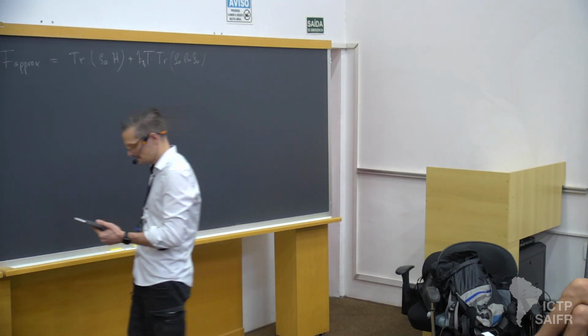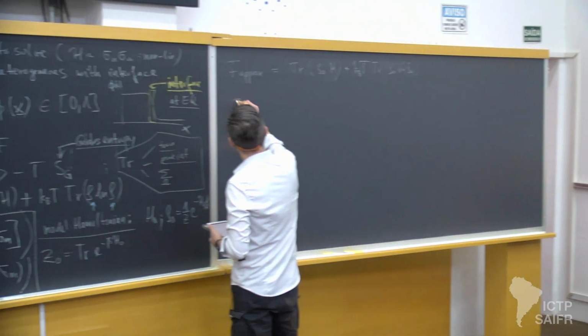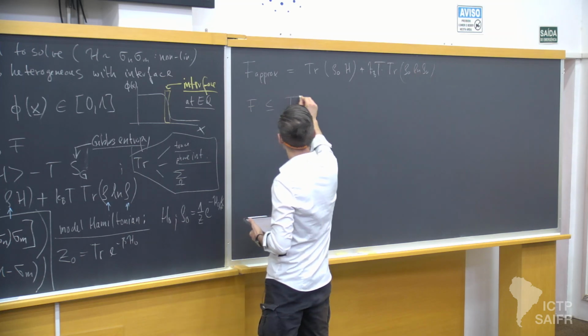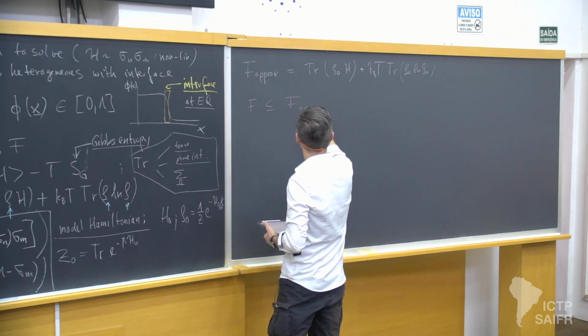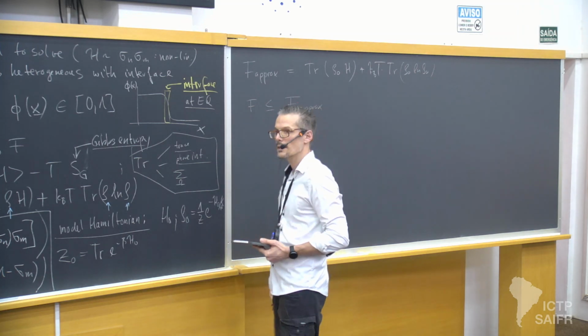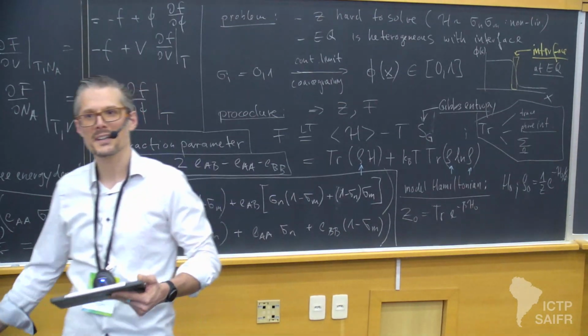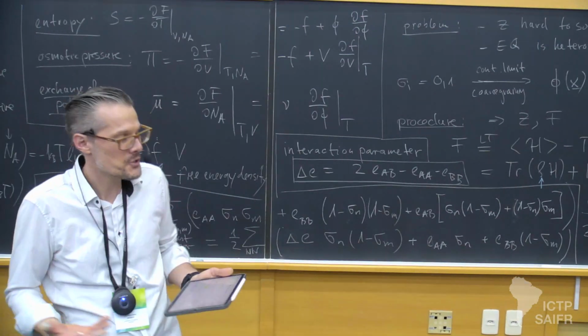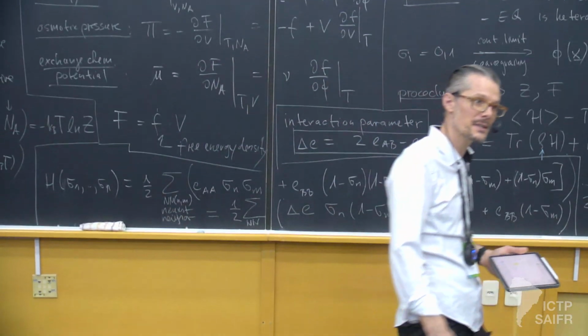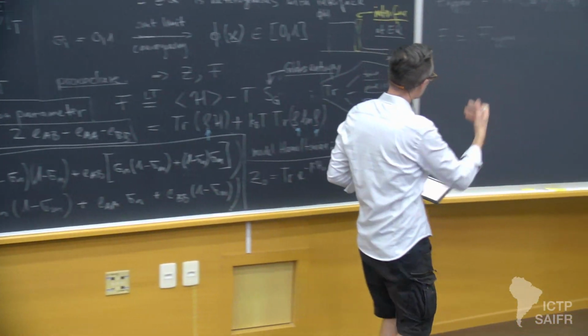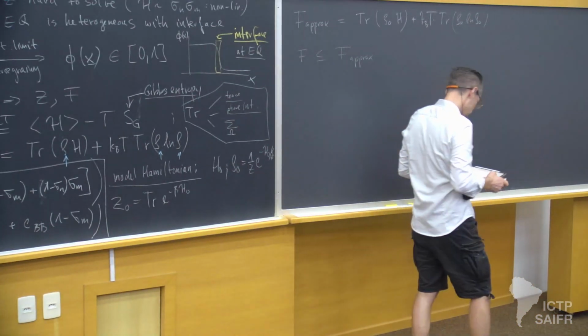And then comes a seemingly nonsense equation. One can show that F approx is always bigger. That's no surprise, because free energy should be minimal. There's one thermodynamic state with minimal free energy, so whatever I do, I get an upper bound.